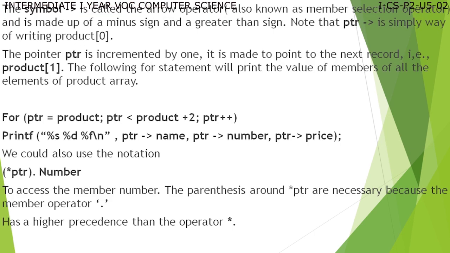Next, the symbol I just informed you about, minus greater than, is called the arrow pointer.